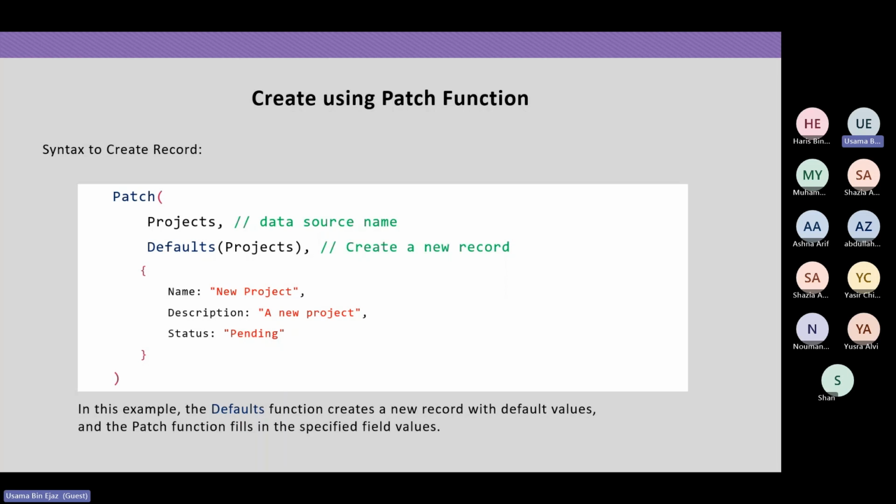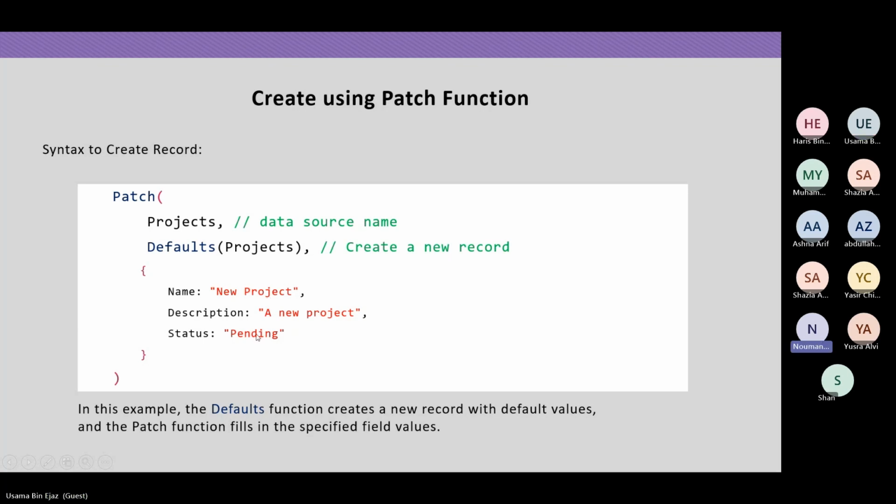We specifically use Defaults here. It returns an empty record, indicating to the Patch function that yes, we need to create a new record. So whenever we need to create a new record, we use the Defaults function here. Then in the third parameter, we specify the fields, the columns, and their values. Like this, we can insert data.